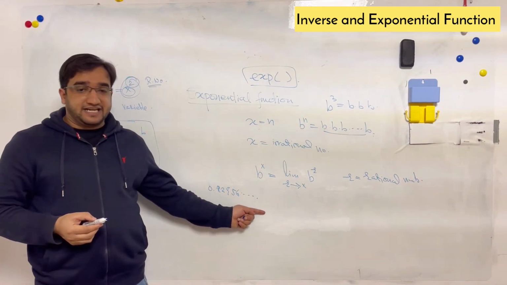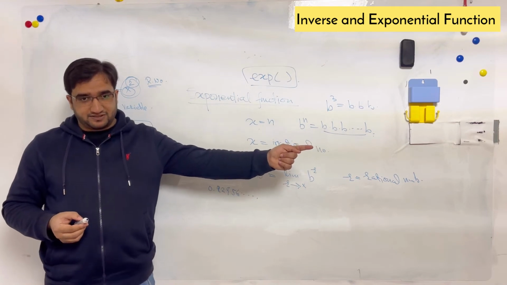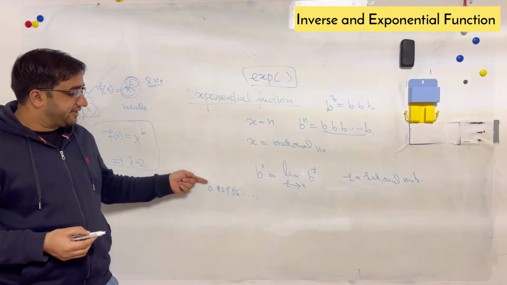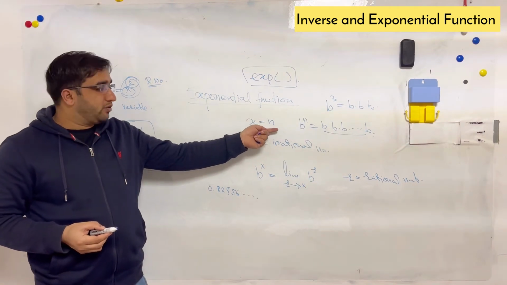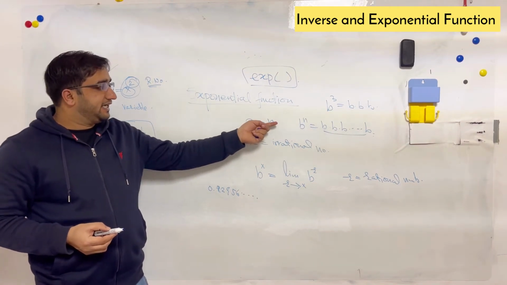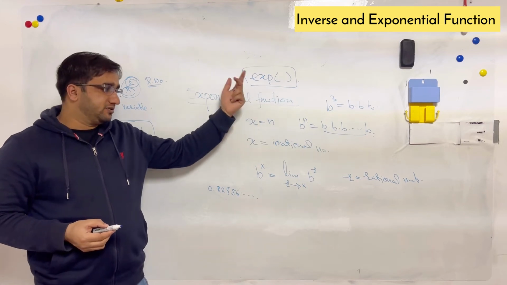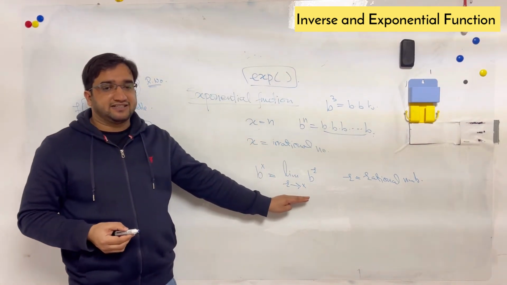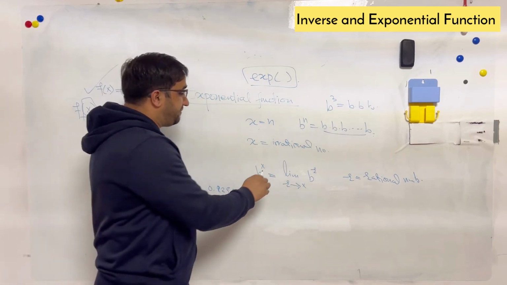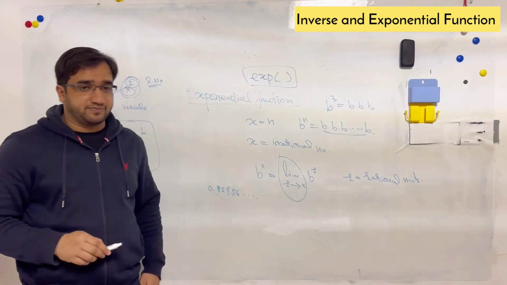After the point, it never finishes, it never stops. So this kind of number is called irrational. If we have a rational n, then no problem, you can simply define any value for x and solve it. But if you have an irrational number, then the concept of limit comes in again, and I'll tell you how it appears.